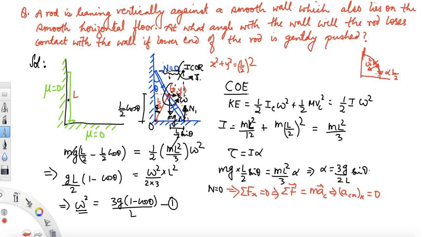Now these are the two components of the acceleration of center of mass, right? One is the normal component and another is the tangential component.